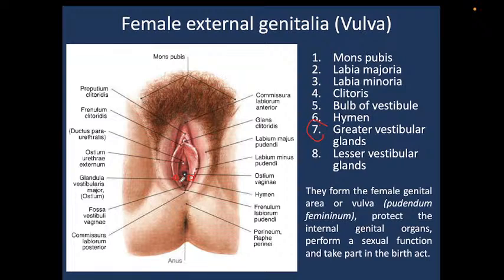Their ducts open in the area of the vestibule of the vagina. And small vestibular glands are really small, but located in different positions of labia minora.